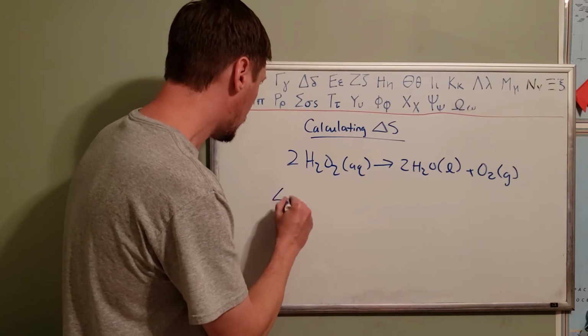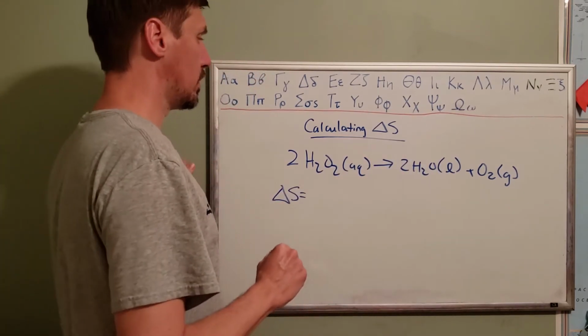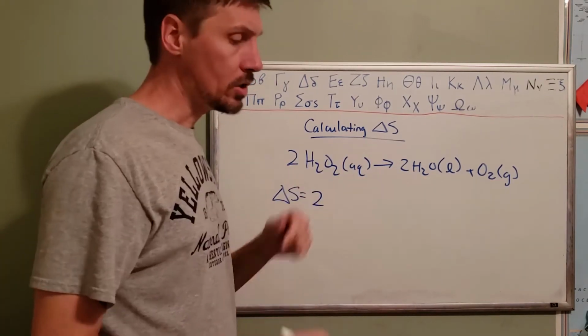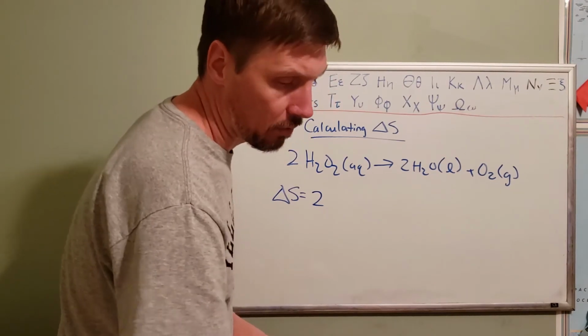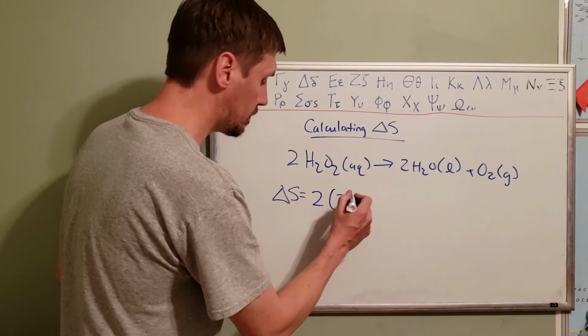So change in S is going to be equal to, we first look at the value of the entropy for the products. We have 2 moles of H2O in liquid form, and if you look that number up, it's going to be 2 times 70.